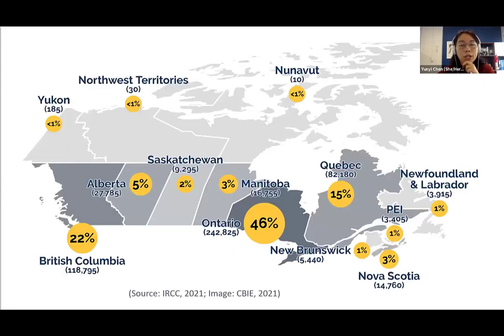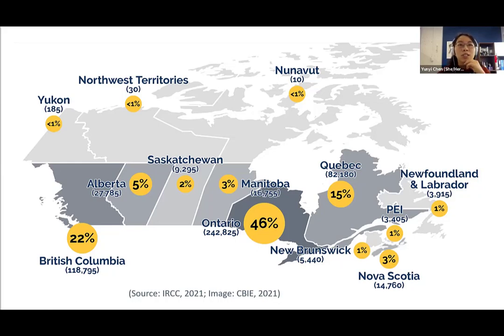And to answer the question, where do international students go in Canada? So this image indicates our province takes almost half of the international students, which is over 240,000. And this number also dropped from over 300,000 in 2019.